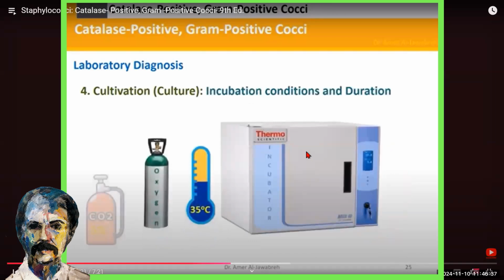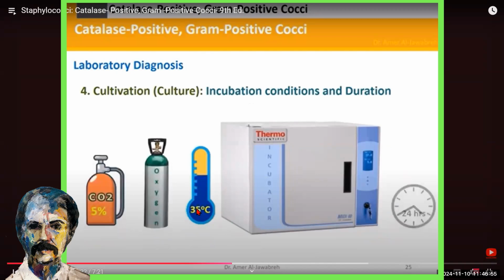Incubation. For incubation, we need temperature, and we also want to consider the oxygen and CO2 requirements, in particular for Staph aureus. Look, we need 35 degrees centigrade, or 37 if you like, 35 plus minus, so 37. You need oxygen, as it is a facultative anaerobe, and also sometimes it's much better, if you want to display hemolysis in a good way, to use CO2.